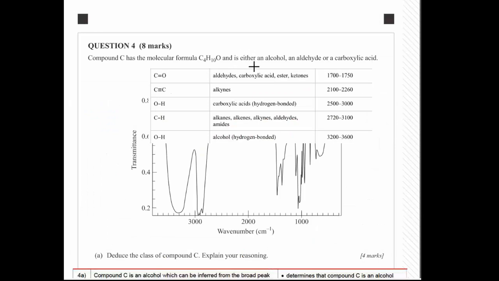Okay, for question 4, I've just grabbed the readings for alcohols, aldehydes and carboxylic acids here so that I don't have to jump back and forth between the book. Now, it can't be a carboxylic acid because there's two oxygens there and there's only one oxygen here. And so it's just the classic aldehyde versus alcohol.